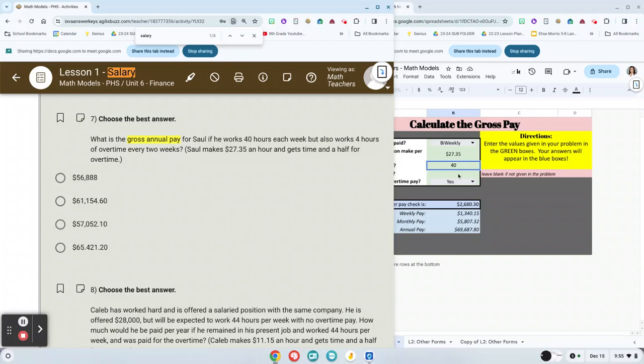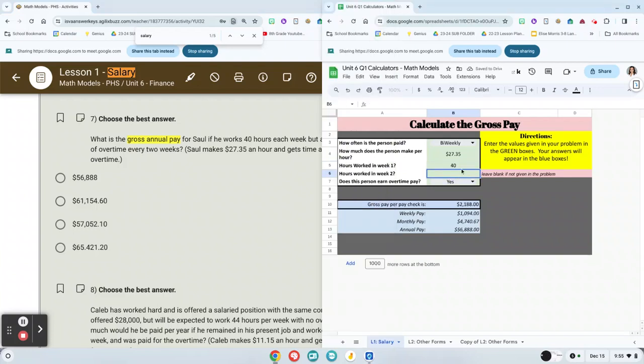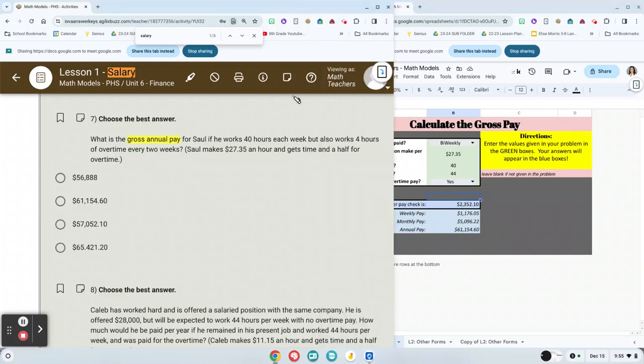But just every other week, he works overtime. So on week 2, he's going to work 44 hours because he works 4 hours of overtime. And does he get overtime pay? Yes, he does. So his gross pay per check, notice how I clicked out, right? So it would recalculate. So just click somewhere else. Gross pay per check is $2,352.10. This would be his weekly and all of that. So let's look and see. What did they want? His annual pay. All right, his annual pay is down at the bottom there, $61,154.